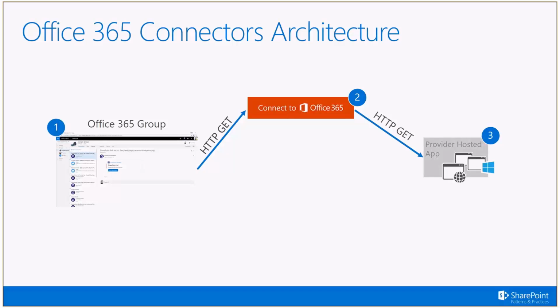By getting this HTTP GET request, the provider-hosted application will be able to register itself against the group, of course waiting for approval from an authorized user, and then it will be able to send messages represented as JSON objects through an HTTP POST request. That's the overall idea, and it is a really simple and easy architecture. You register a provider which will provide cards through HTTP requests targeting a webhook endpoint. So really, really simple.